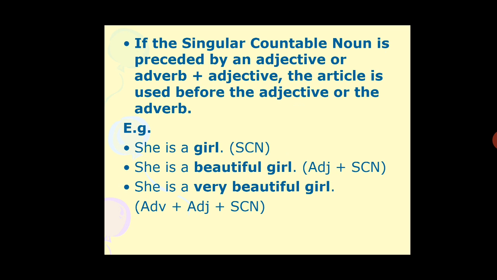Here beautiful is an adjective, and that's why adjective plus singular countable noun combination, she is a beautiful girl. So here the article has been added before the adjective. Similarly, you can see one more combination in the third sentence, she is a very beautiful girl. So here we can add adverb, adjective plus singular countable noun. So here before adverb we have to put the article a.